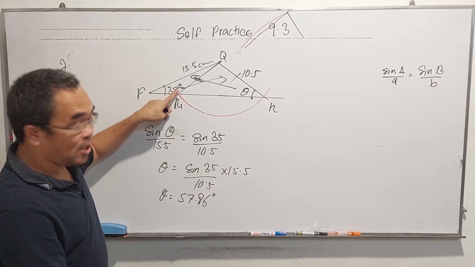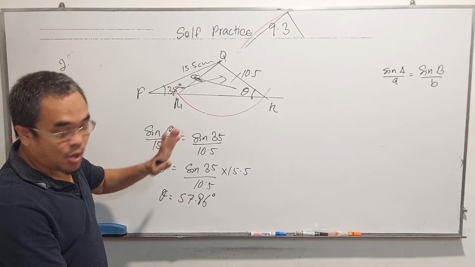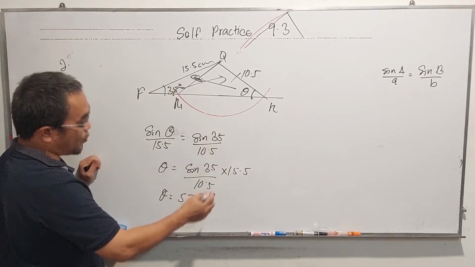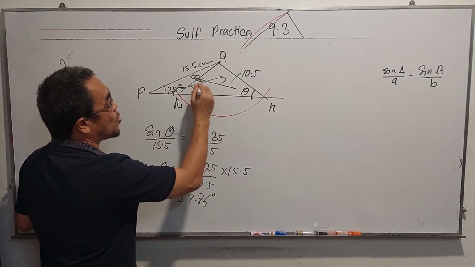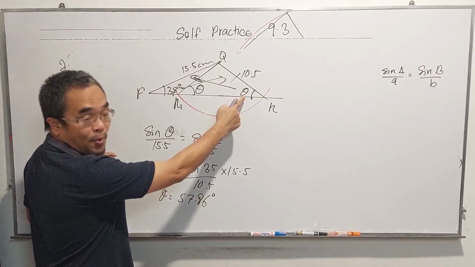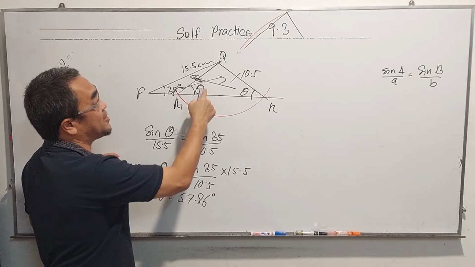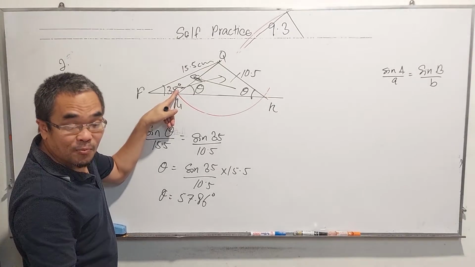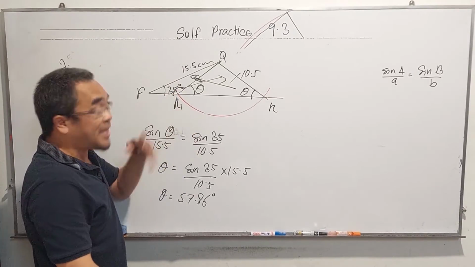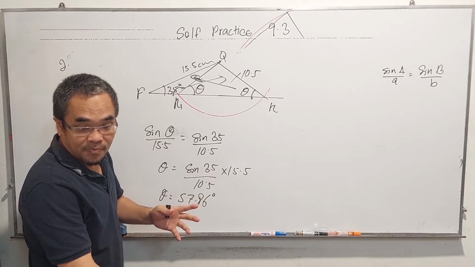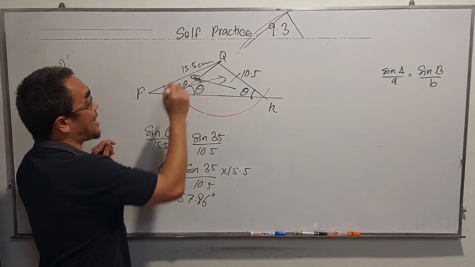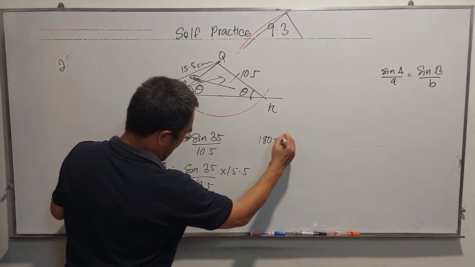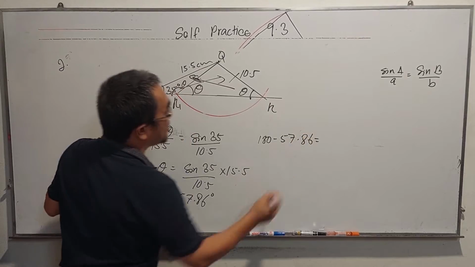So, does it look like 57.86 here? Yes. But does it look like 57.86 there? No. But there is a relation. For your info, if this angle is theta, this is also theta, meaning 57.86, this is also 57.86. But even though we labeled it as theta, the value is not the same. The other theta is 180 minus 57.86. Do you see the logic?